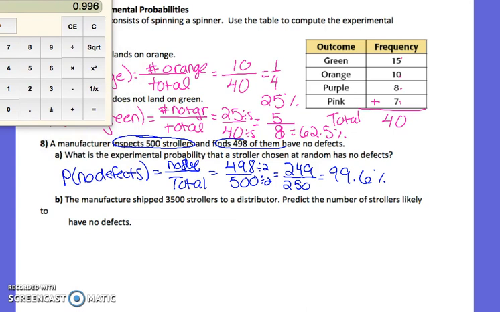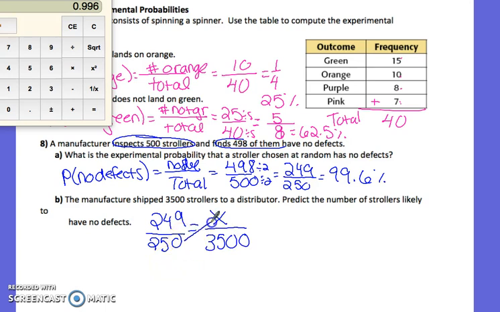The manufacturer shipped 3,500 strollers to a distributor. Predict the number of strollers that will have no defects. So if we know that 249 out of 250 are going to have no defects, I could set up a proportion and say x out of 3,500 will have no defects.